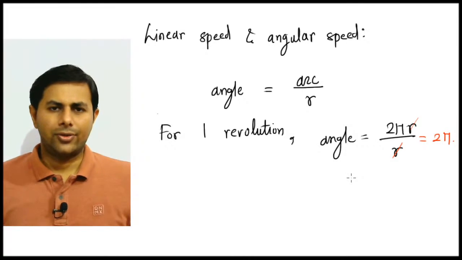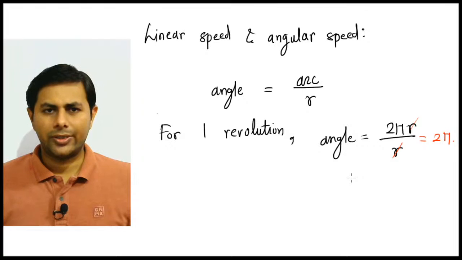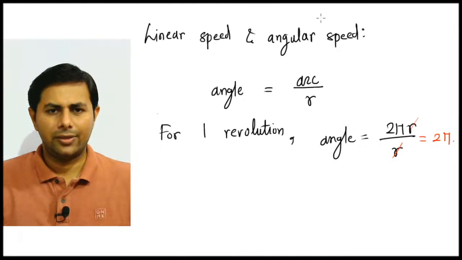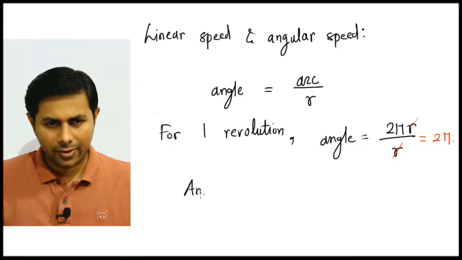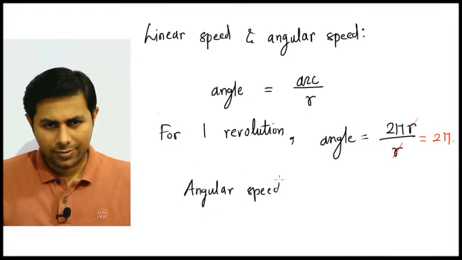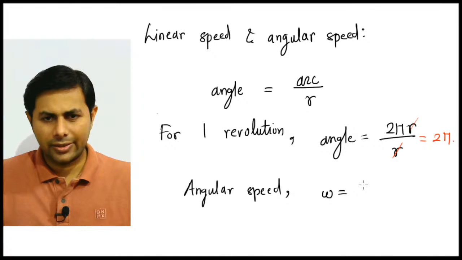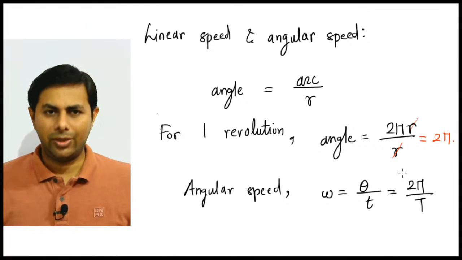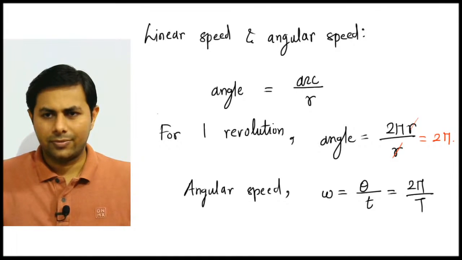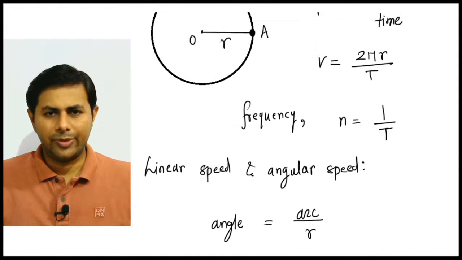Okay, so what is the angular velocity or what is angular speed? So angular speed omega is angle covered divided by time. For one revolution the angle covered is 2 pi and time taken is the time period of the revolution. Okay, so omega equals 2 pi upon T. And what is linear speed?